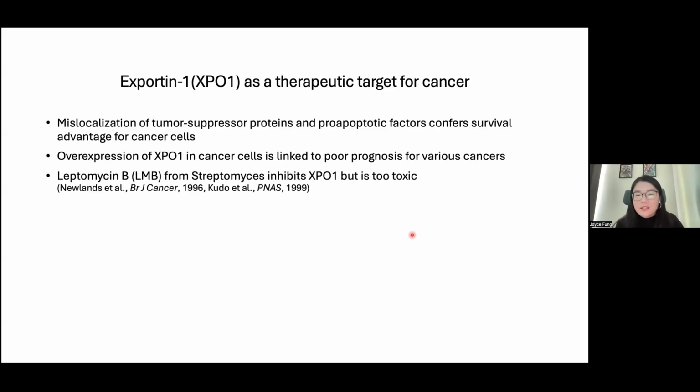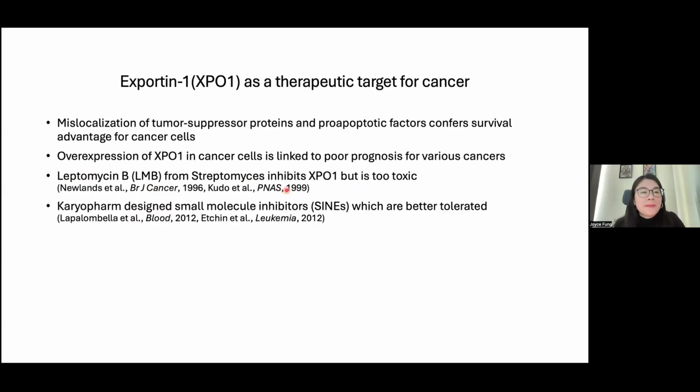The field has always tried to inhibit Expo1, but the first compound, called leptomycin B, a natural product from Streptomyces, inhibits Expo1 but turns out to be way too toxic and failed the first preclinical trial that people tried on human cells.